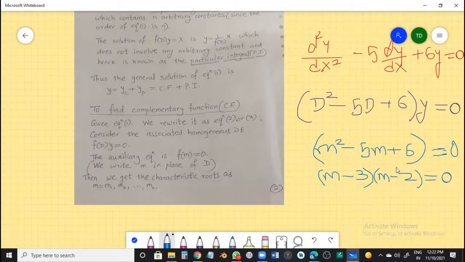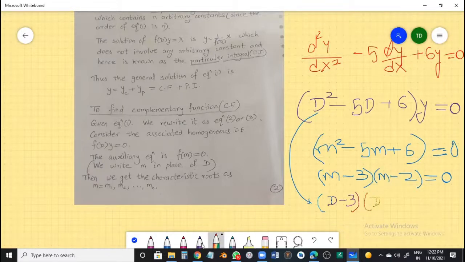So these are the factors. This means I can write this original equation in this format. It gave me an idea. I can write the operator as D minus 3, D minus 2.